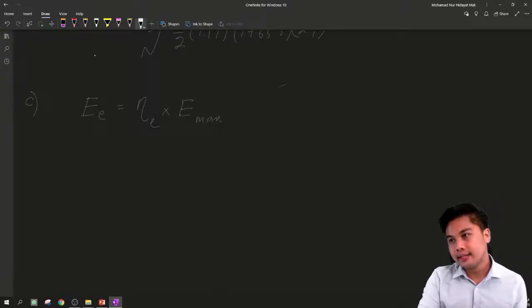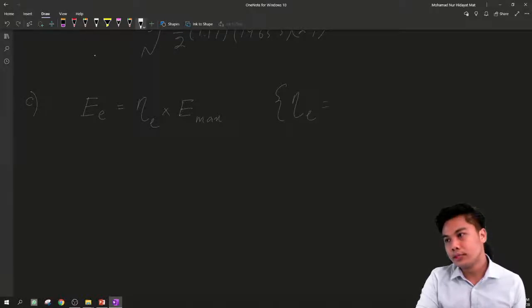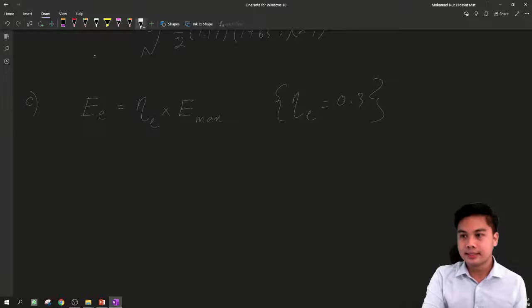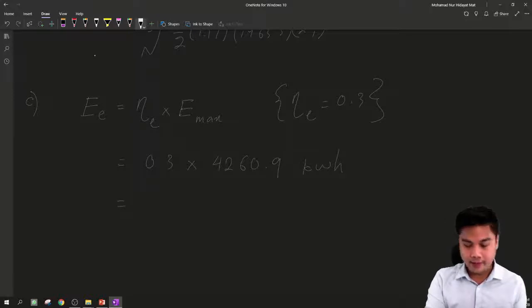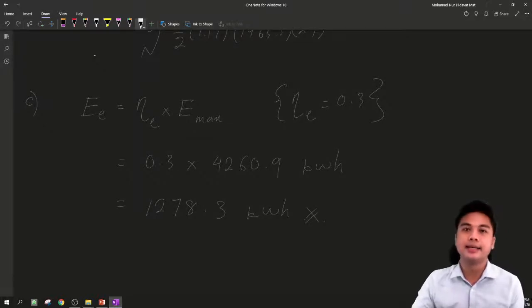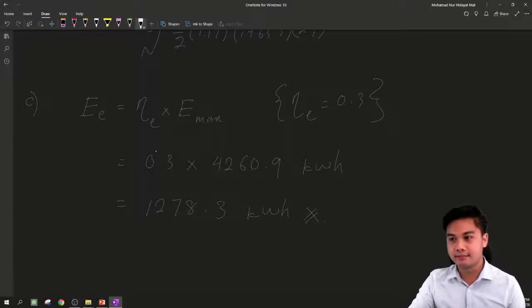Alright, it is given that the efficiency of electrical to be 0.3. Just substitute here 0.3 multiply with E max is 4260.9 kilowatt hour. Then the final answer is 1278.3 kilowatt hour. That is the electrical energy generated by considering the efficiency here.